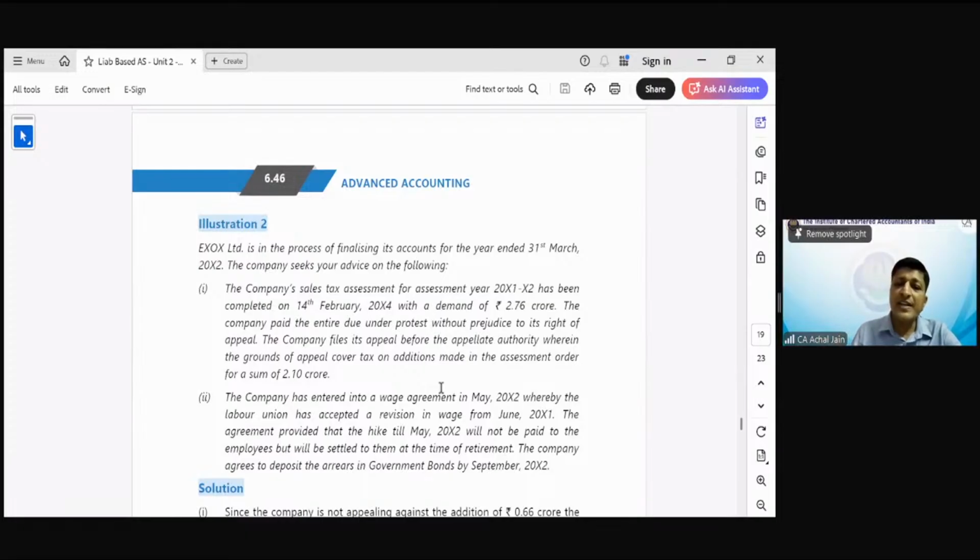Let's suppose this revision amounts to rupees 40 lakhs. They have also agreed that this will not be paid in May X2. When will this be paid? When the employee retires.